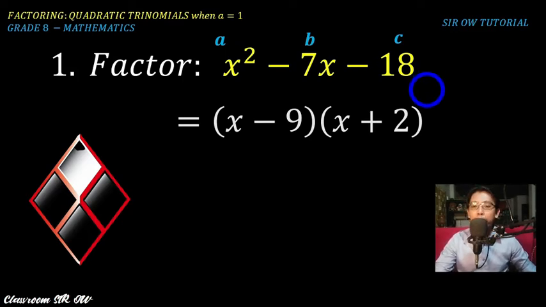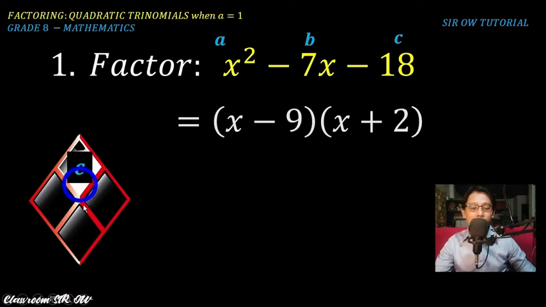Because we will be using it in our diamond method. On the upper part of our diamond is the value of c, the constant, and in the lower portion is the value of b. In the given trinomial, the constant c is negative 18 and the value of b is negative 7.